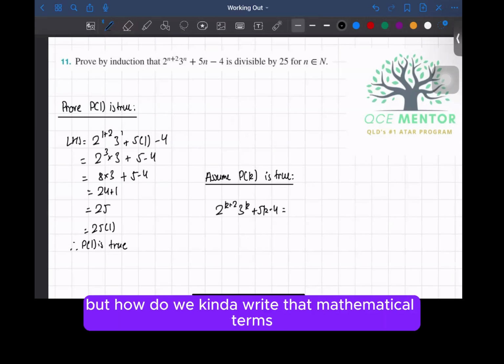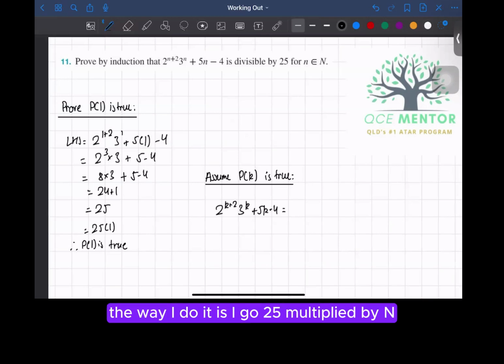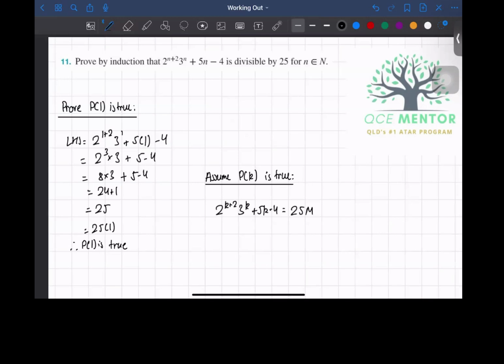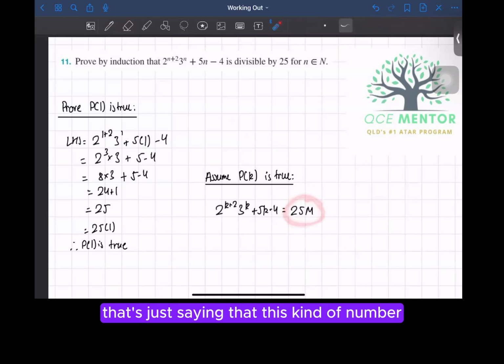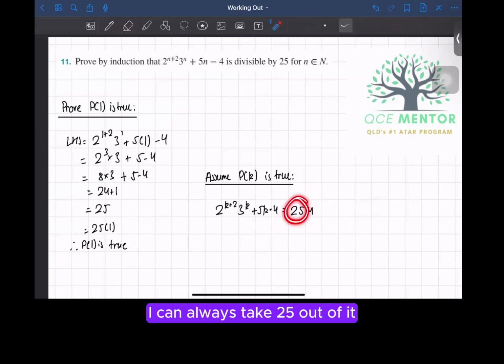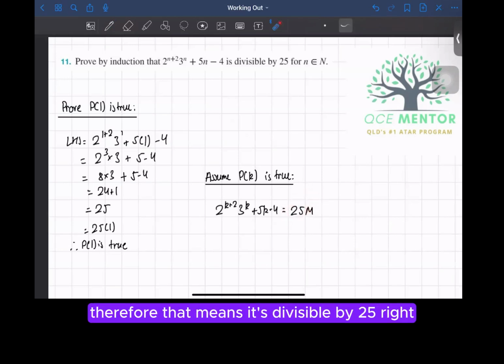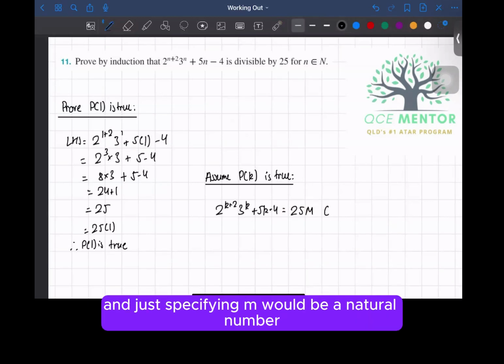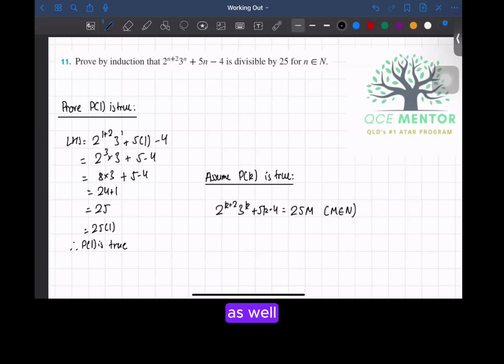But how do we write that in mathematical terms? The way I do it is I go 25 multiplied by m. That's just saying that I can always take 25 out of this number, therefore it's divisible by 25. And m is a natural number as well.